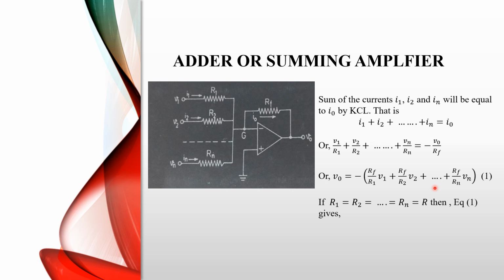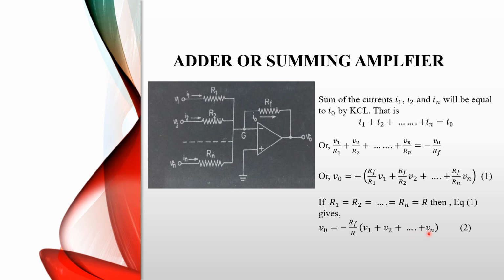Okay. If we consider R1, R2, dot dot Rn equal to the same resistor value, if we consider these values are the same and this value is R, then what is equation 1? Then equation 1 is V0 equal to minus RF by R within bracket V1 plus V2 plus Vn.